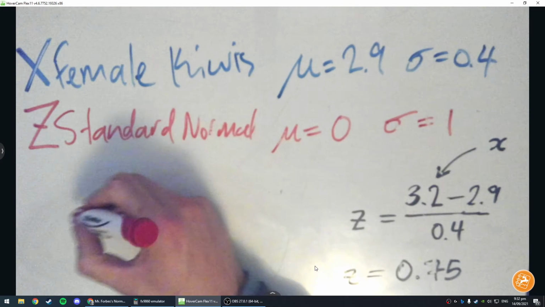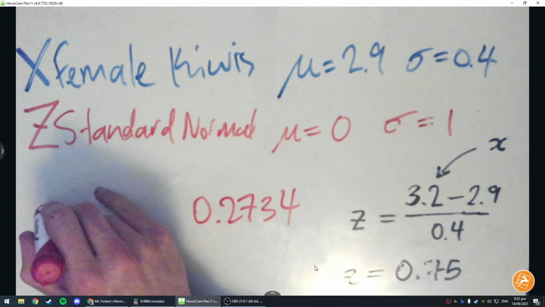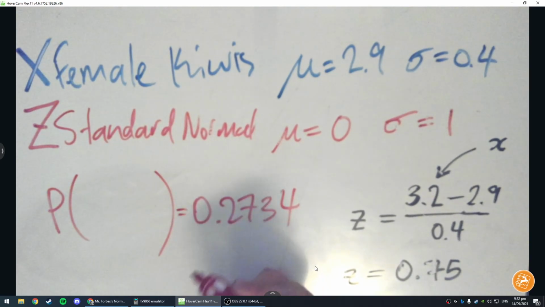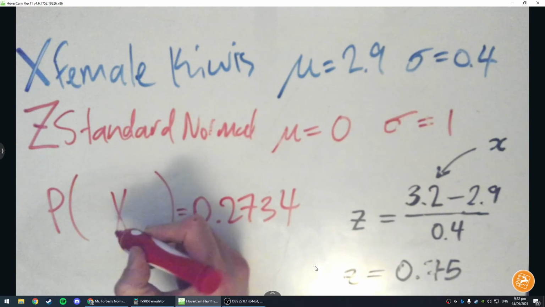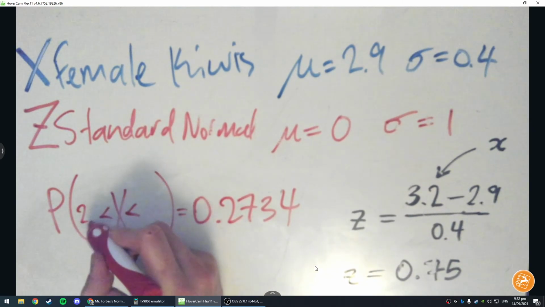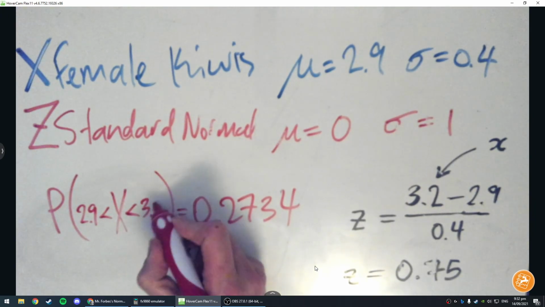Okay, so that means 0.2734. So the probability that a kiwi's weight, a female kiwi's weight, which is the x we were looking at, is between the values of 2.9 and, what was the other value, 3.2.